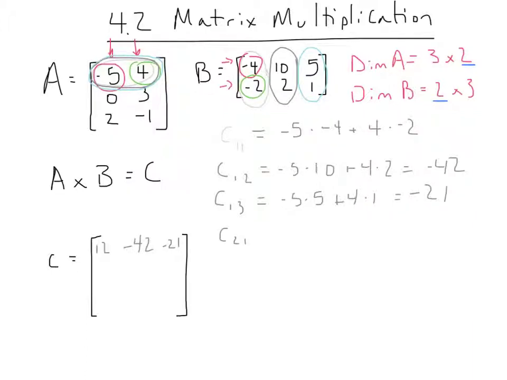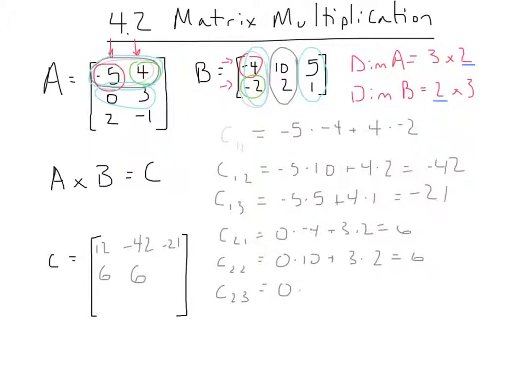We'll take the second row now of matrix A times the first column of matrix B. We will get 0 times negative 4 plus 3 times 2 is 6. C22, we will get 0 times 10 plus 3 times 2 is again 6. C23, we will get 0 times 5 plus 3 times 1 is 3.